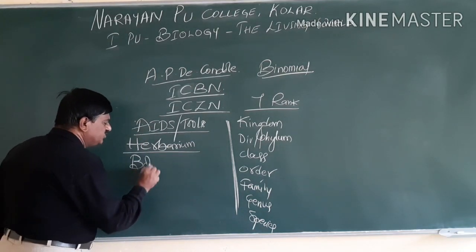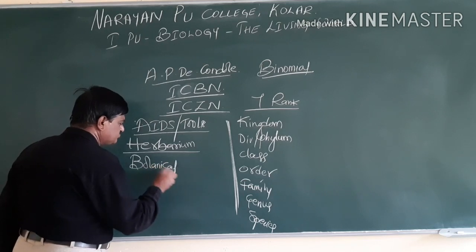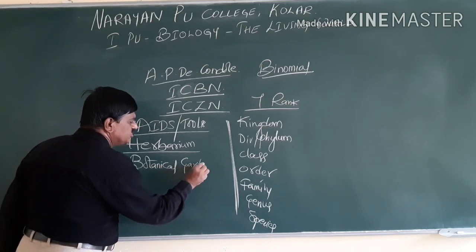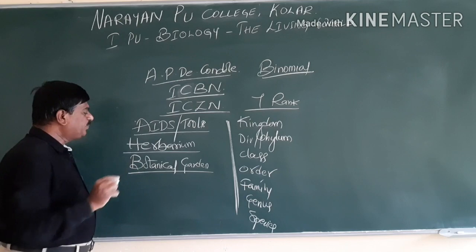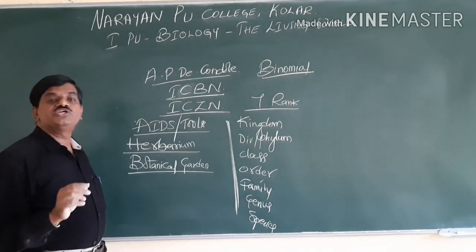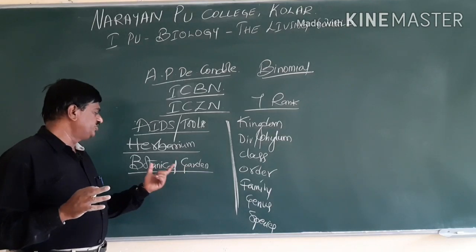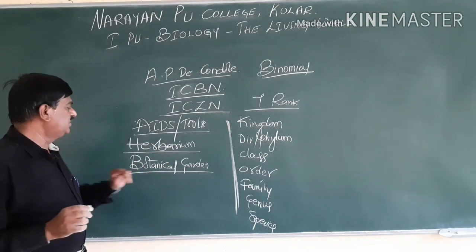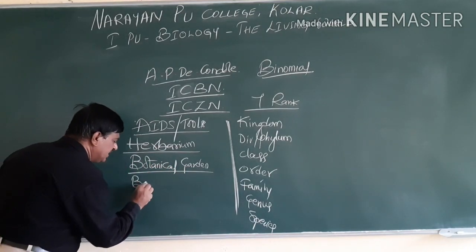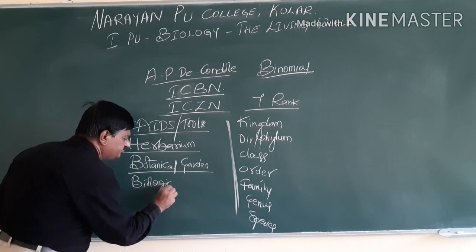The second one is botanical gardens. It is a protected area where we study living plants. Living plants are stored here, so it is usually called a botanical garden. Next is the biological museum.